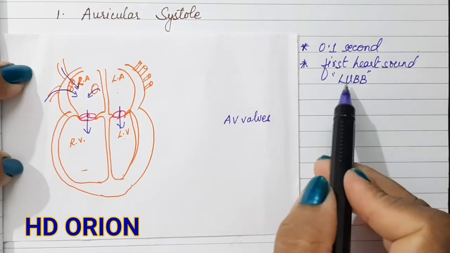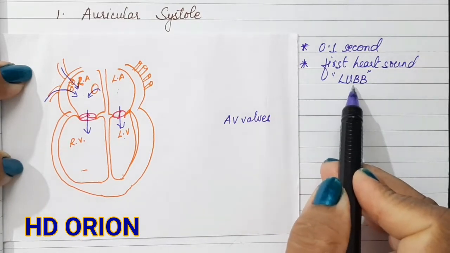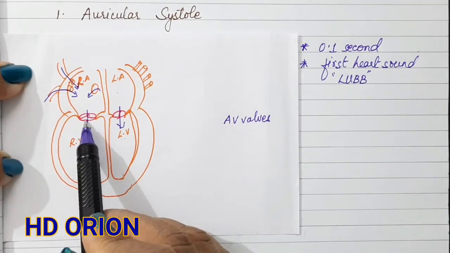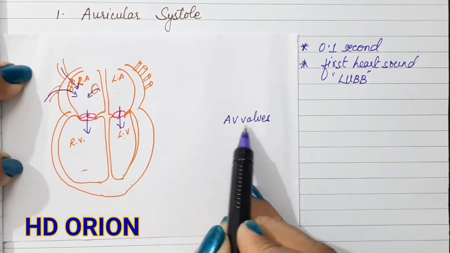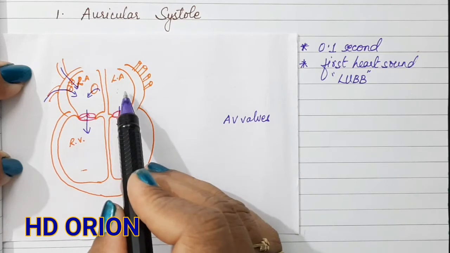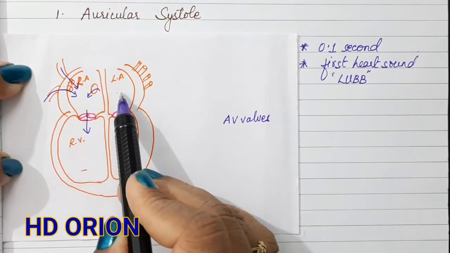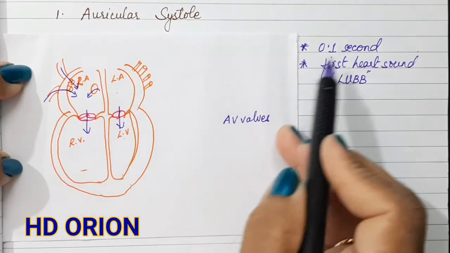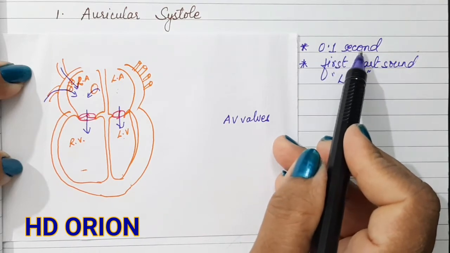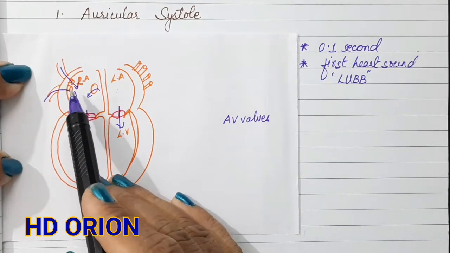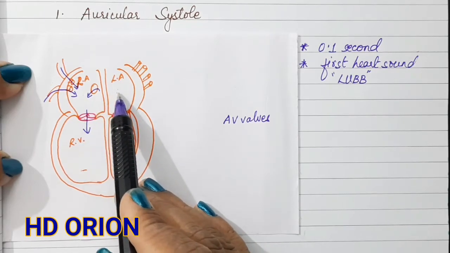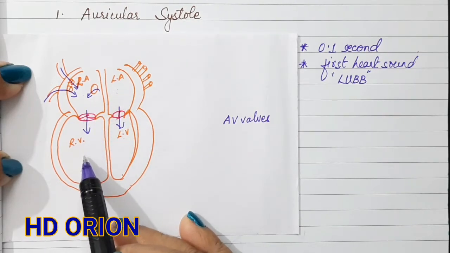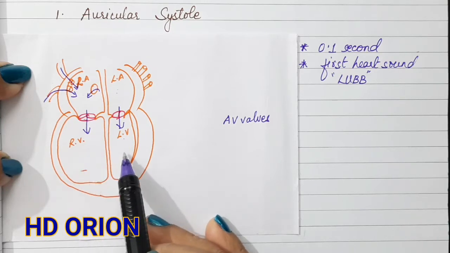This is the first heart sound, which is lub. This first heart sound is produced due to the closure of the tricuspid and bicuspid valves, which you can also call the AV valves. Now the auricular systole has finished, which takes place in just 0.1 seconds. So now the auricles will start relaxing, and the second step will be the ventricular systole.